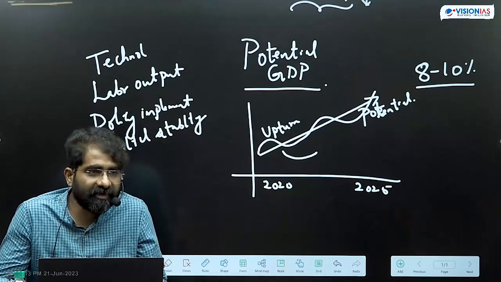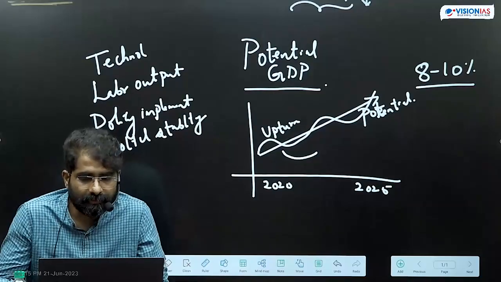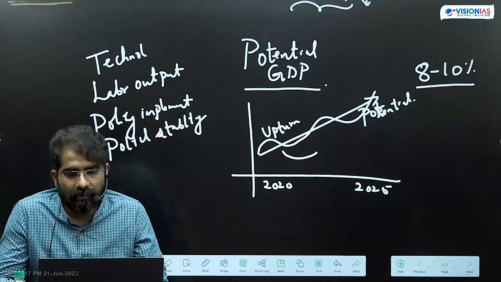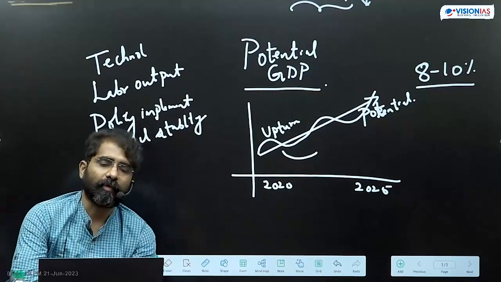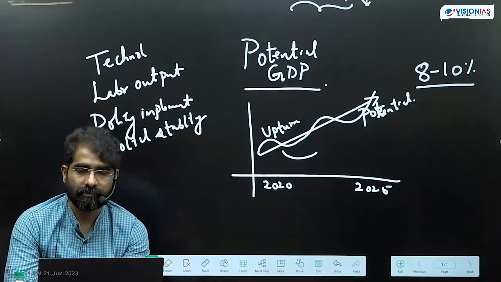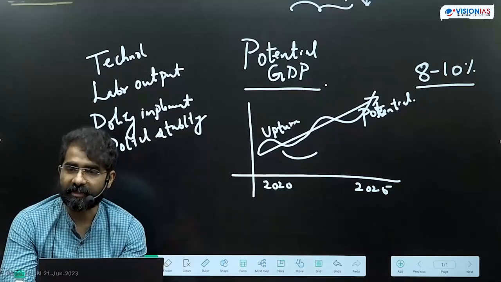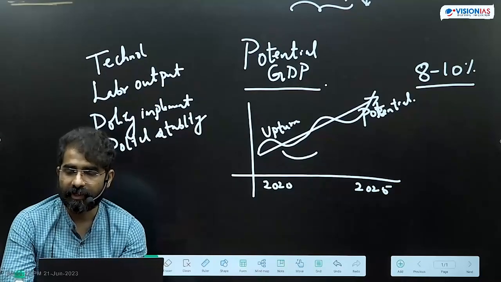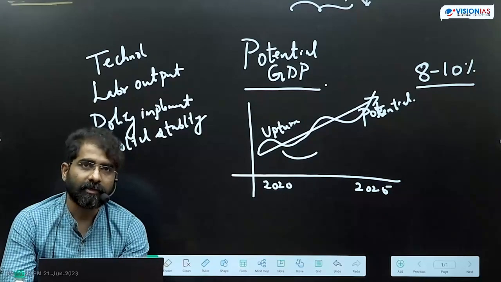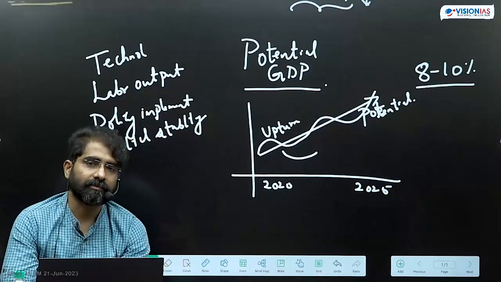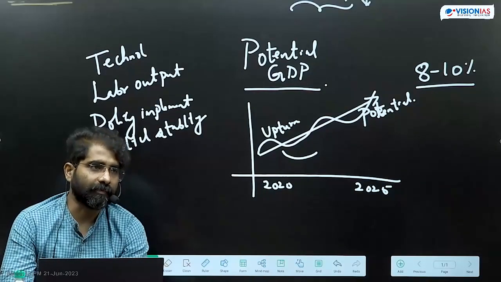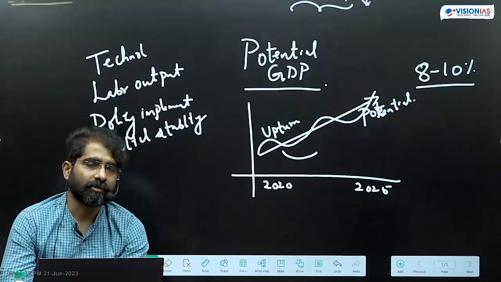Next, demographic factors. Write down population growth, demographic factors. Suppose Canada is there, suppose you have an aging population. So how will you calculate?